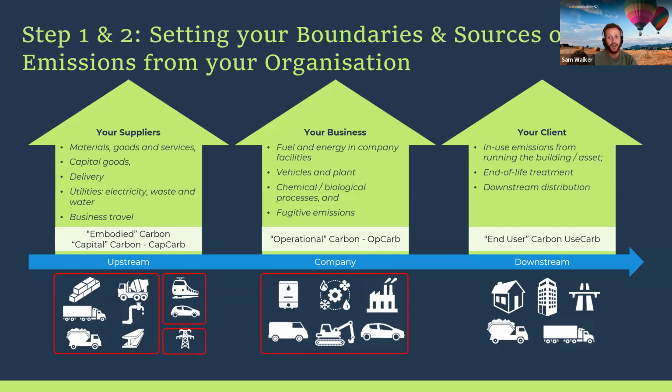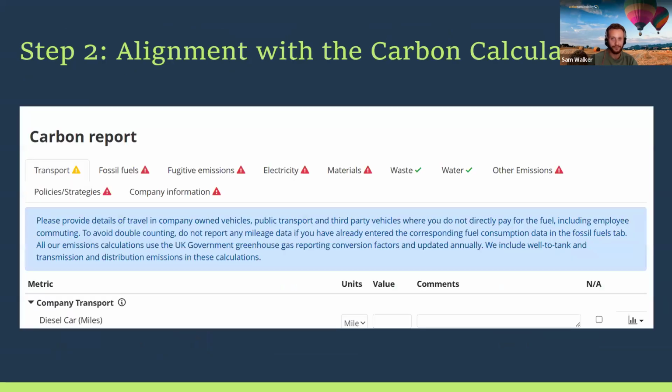As a minimum, though, what we tend to see is that all organizations include gas, electricity, heating oil, petrol, diesel, the water they use, and waste as well. Of course, it's best practice to include as many activities as you can, but that's generally what we would expect to see, and we do see at that kind of level.